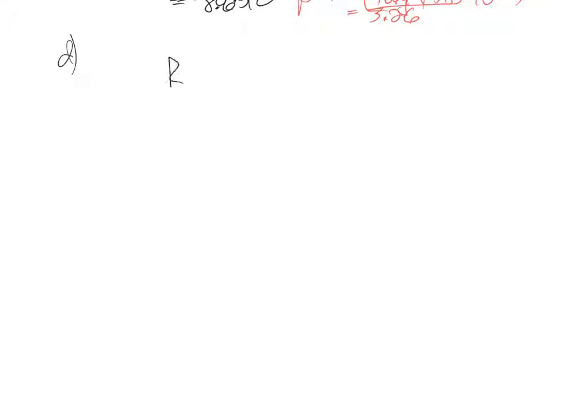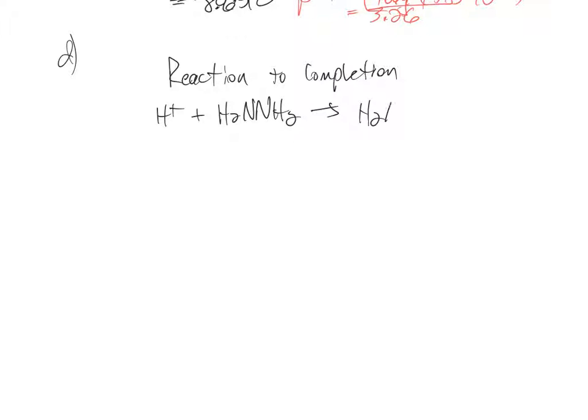Part D, we have added 40 milliliters of the strong acid. Same setup as before. The proton tacks onto the weak base to give us H2NNH3.